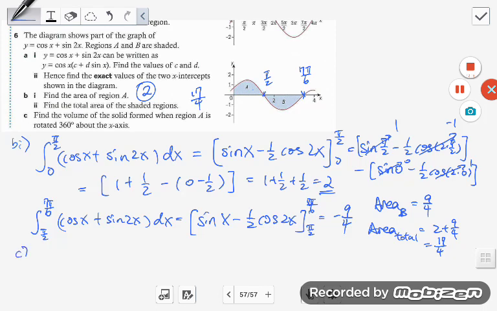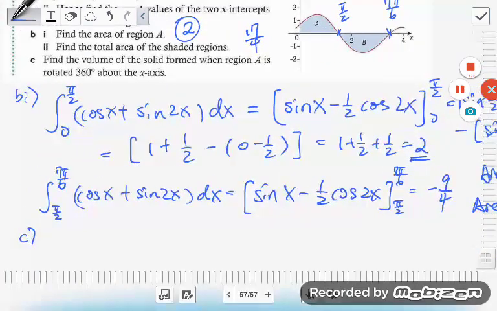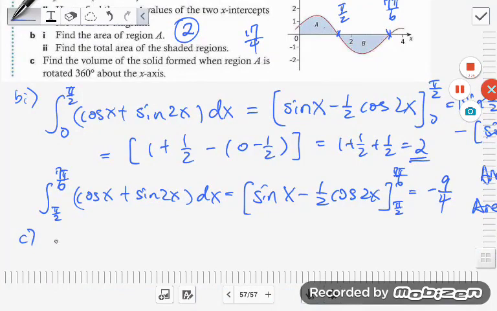If you remember the formula, the volume is equal to pi times the integral. They're only looking for region A, so from 0 to pi over 2, of the equation squared.